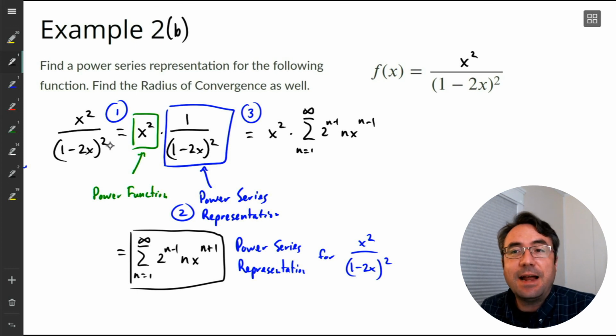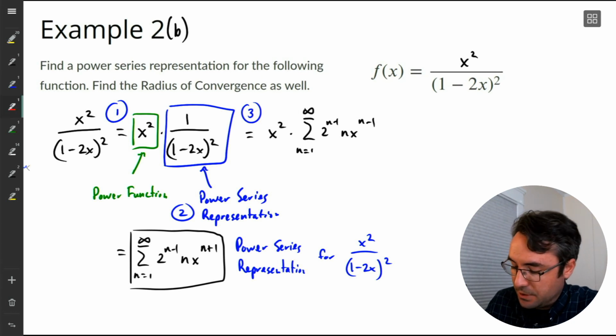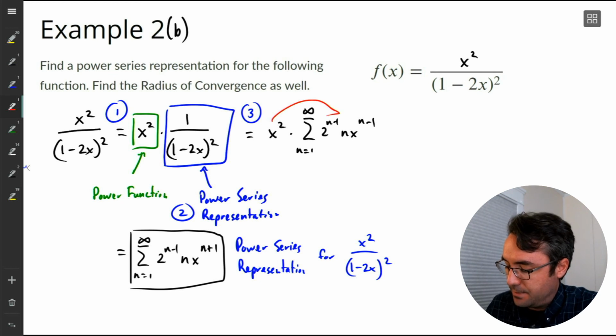So just get it out of there. Worry about the other stuff that's more complicated. Get the power series representation for that. And then once you have the power series representation for that more complicated piece, plug it in, and then you can do what you need to with that x squared. So in this case, we essentially multiplied that x squared right on through and distributed.